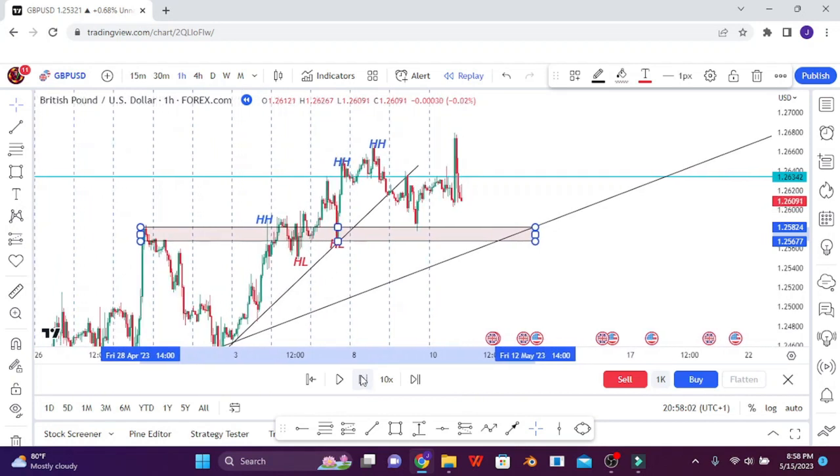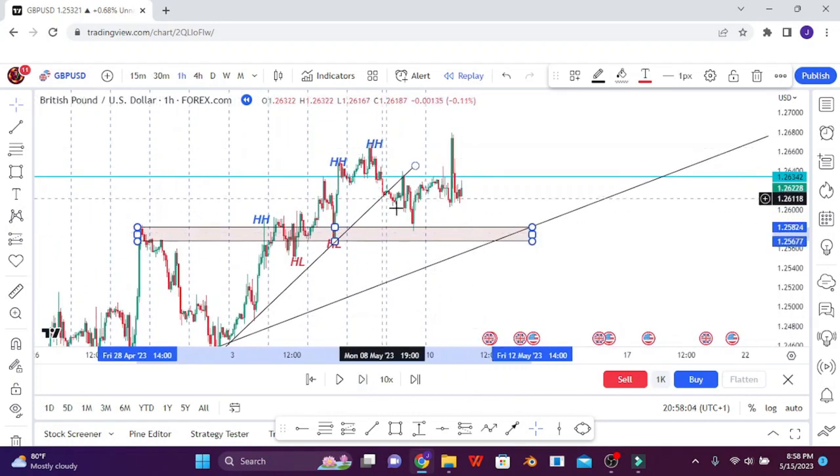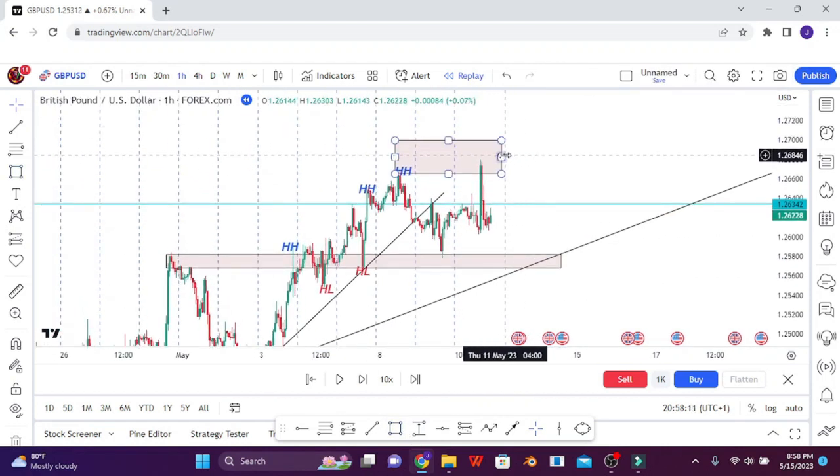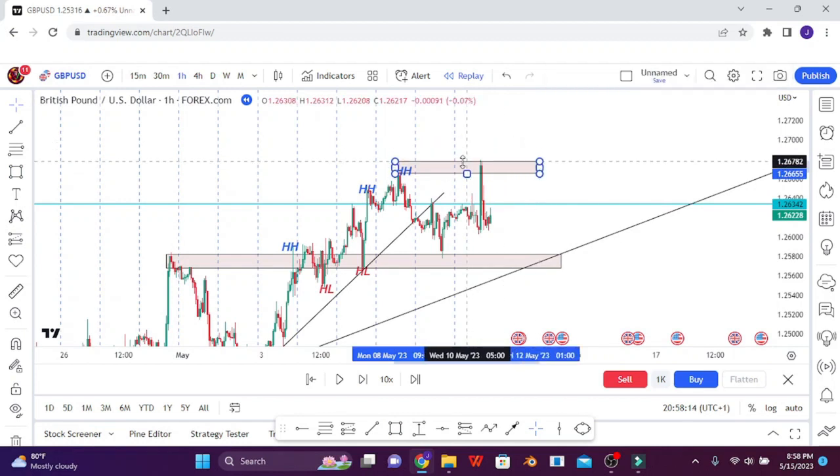So with this thing, you see that this market now has created an equal high. You guys remember? This market has created an equal high.